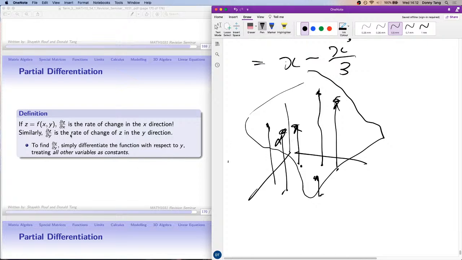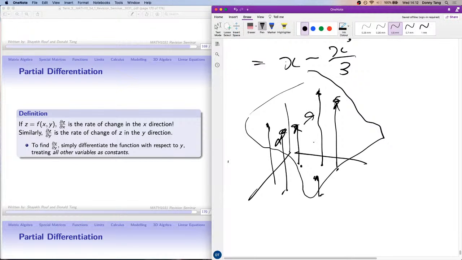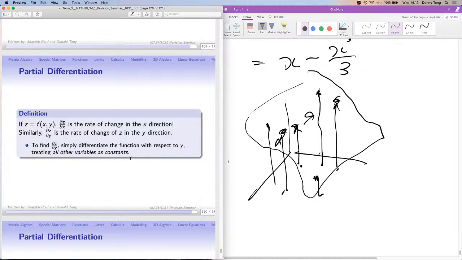And what partial derivatives means is when you do dz on dy, this is actually del, but I'm going to pronounce it as d anyway. dz on dy is finding the rate of change in the y direction. So for example, if I move a little bit, how much does it change in y? That's what differentiation is. So basically, partial differentiation is very easy if you're good at normal differentiation.